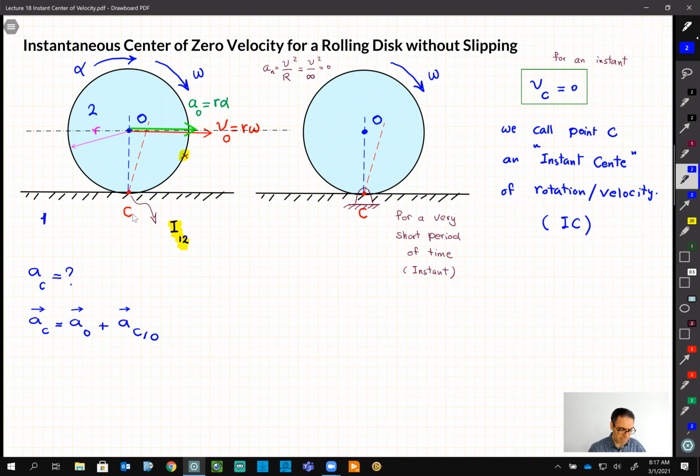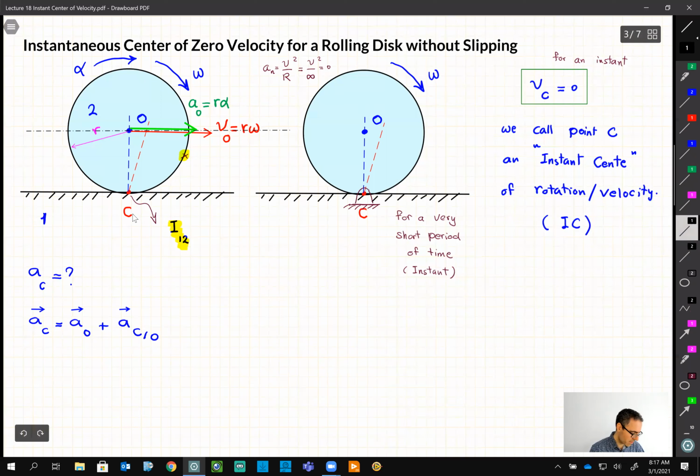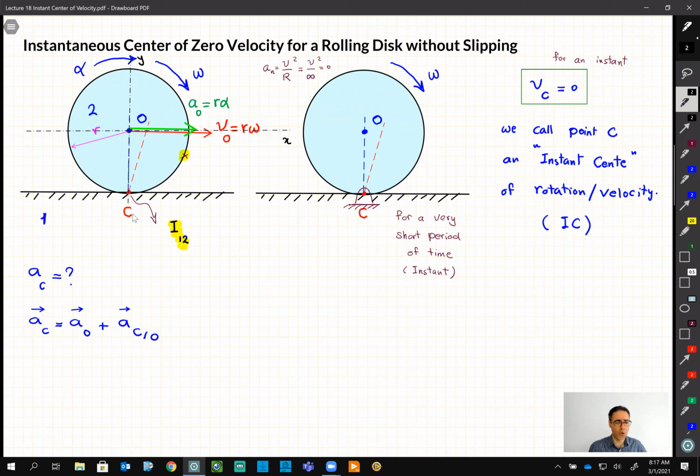So like always, let's set up an X and Y coordinate, and we are free to choose wherever we want for our coordinate. But let's set the center to be the origin. So let's have this direction to be X and this direction to be Y. And our center is point O. So what is the acceleration of point O?